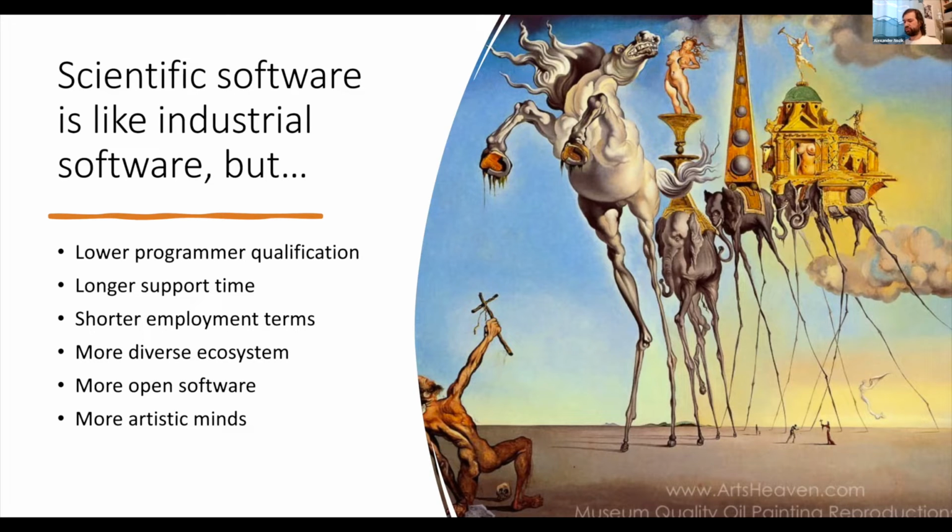Short employment terms are also a problem because in science there are processes like PhD students going away, postdoc positions ending, etc. A lot of migration of people inside science.